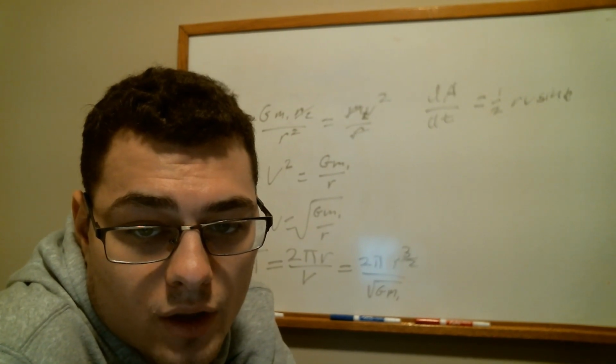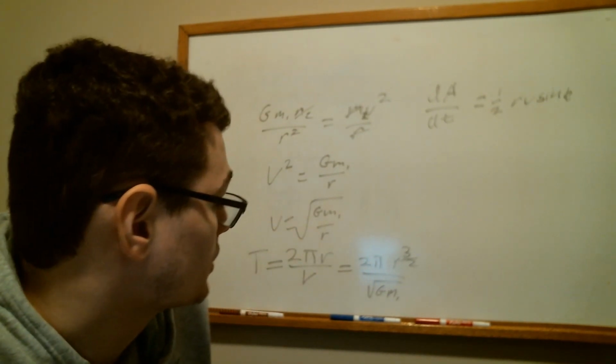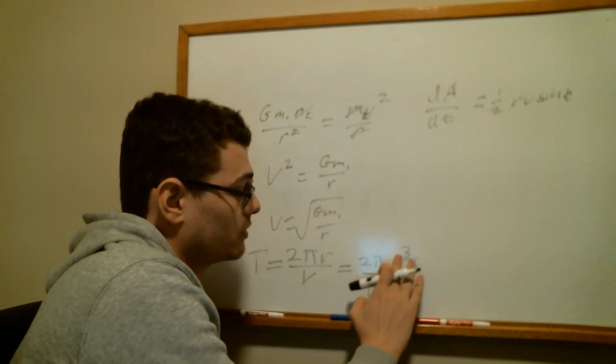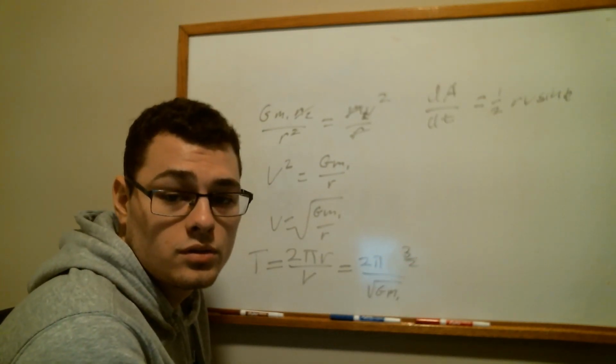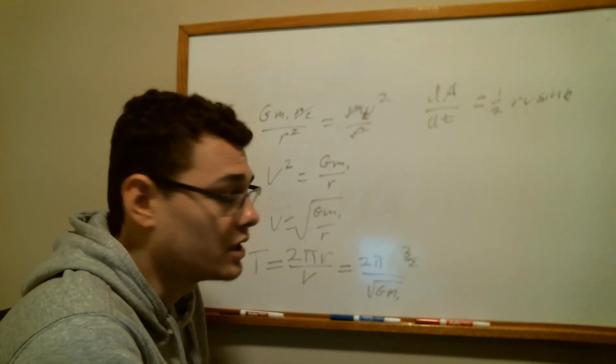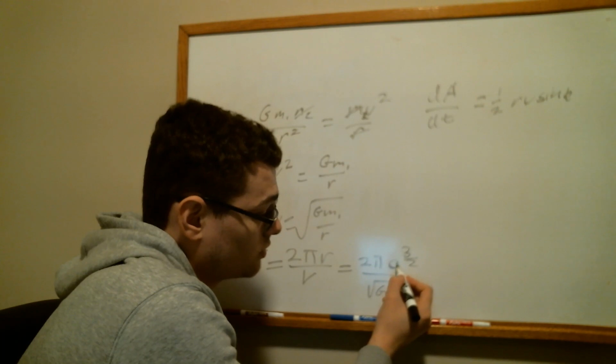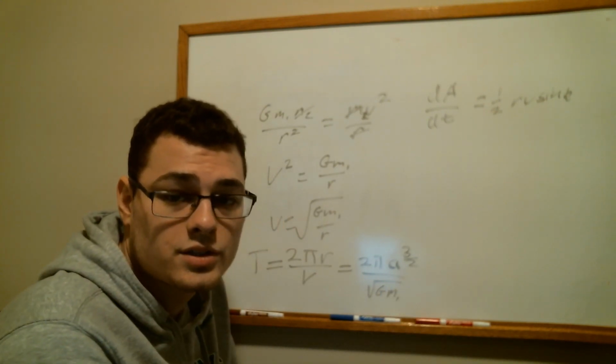One thing that we also determined is that for an elliptical orbit, all you have to do in order to change the period T is replace r with the semi-major axis A.